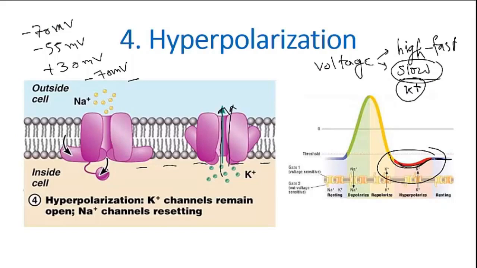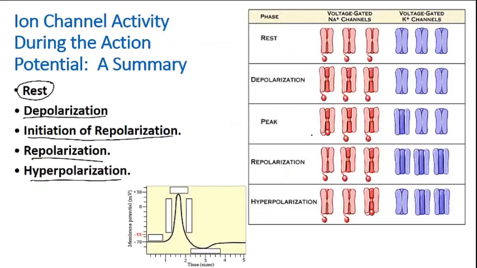Then it goes back to the resting membrane potential, again minus 70 millivolt. At the resting potential, the sodium and potassium channels are closed, nothing is open. Those passive channels can open and close depending upon whether the cell needs to maintain its resting membrane potential, but this is not a major event.